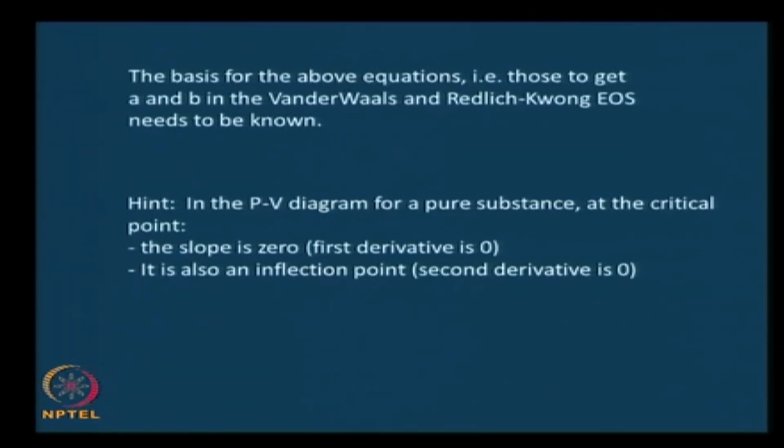It is the derivative of P with respect to V, dP/dV, and that is 0. Also, it is an inflection point, where the slope changes from one direction to the other exactly at that point, and that gives you another nice mathematical condition, which is d squared P by dV squared equals 0.